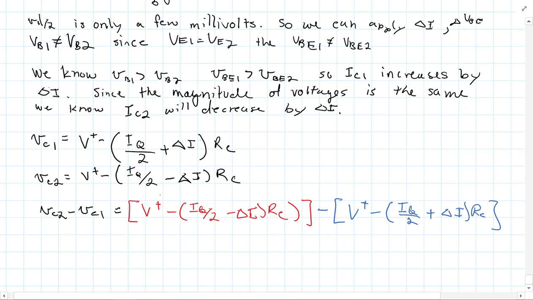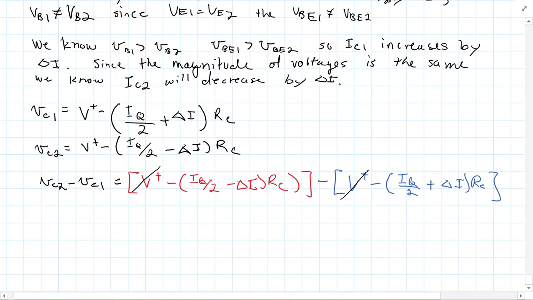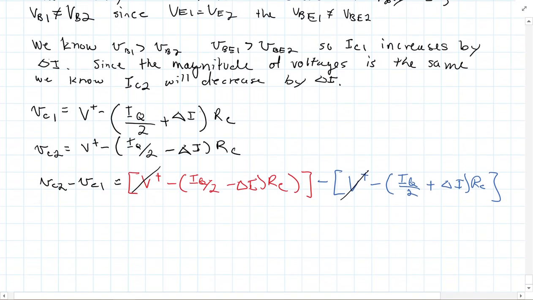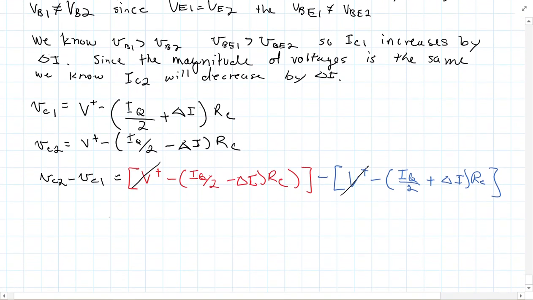Well, clearly these V pluses are going to cancel, right? And then I'd have a negative IQ over 2 RC plus delta I RC, so that's distributing the negative and multiplying by RC.